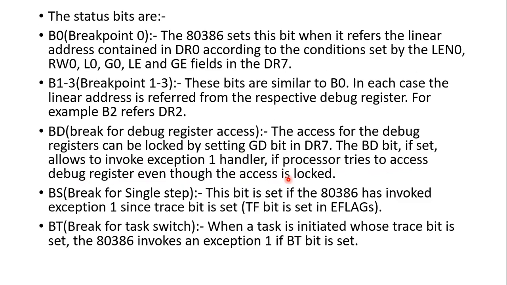I'll repeat again. BD bit, that is the break for debug register access. The access to the debug registers can be locked by setting the GD bit in the DR7. If the BD bit is set, then it allows invoking the exception 1 handler if the processor tries to access the debug register even though the access is locked.